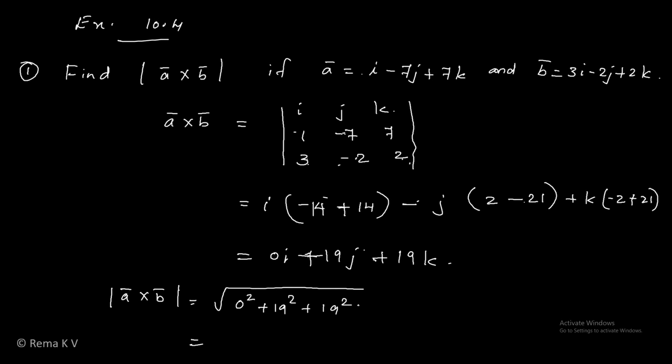See, this 19 square is common here, so we can take it outside the square root. It becomes 19. Root of 0 square is 0 itself. Here 19 square is taken as a common factor. So 1 plus 1 it is 2. So it is 19 root 2.